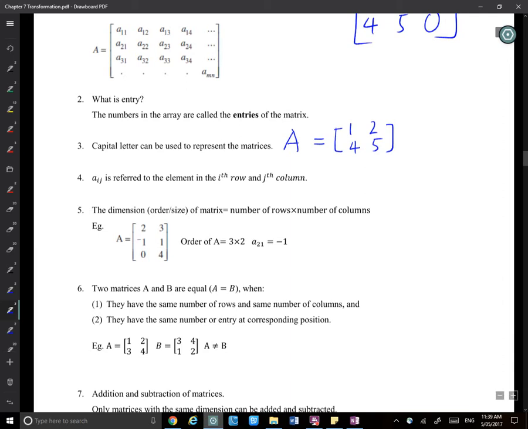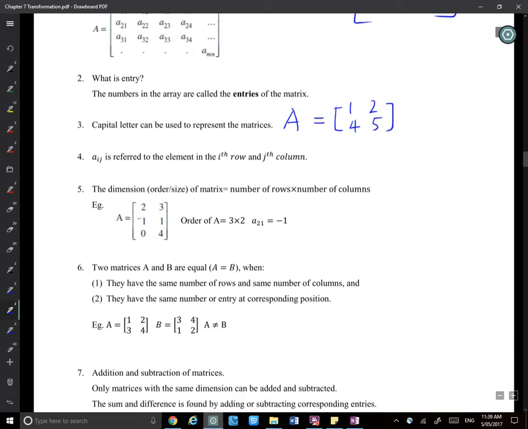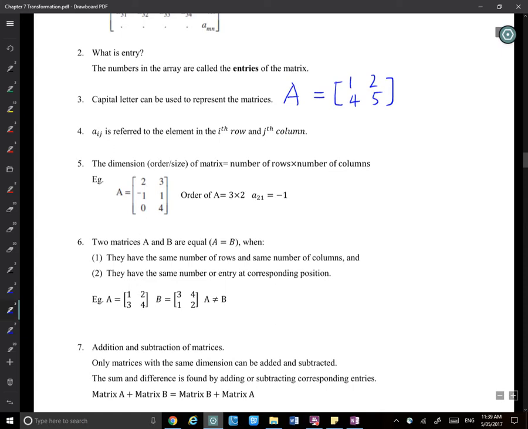If you use capital A to represent this matrix, then the lowercase letter with subscript ij refers to the element in the ith row and jth column. Let's write more numbers in this one. There are 2 rows and 4 columns, and this matrix is called A. Then a 2,4 means the entry in matrix A in row 2 and column 4, which gives you the number 7.